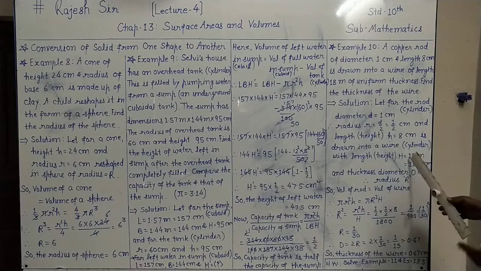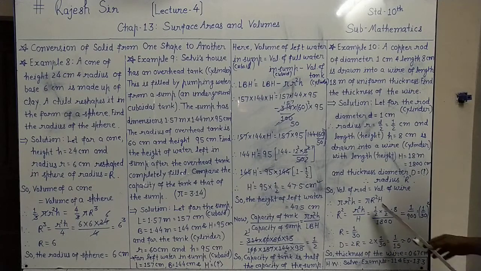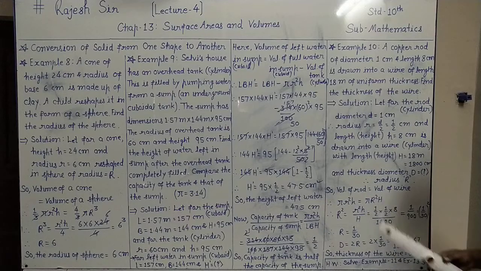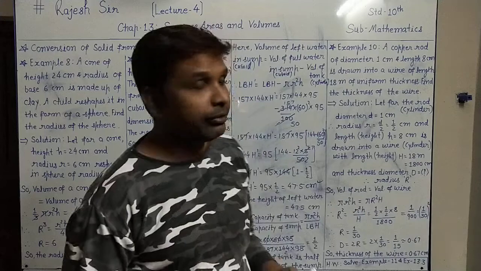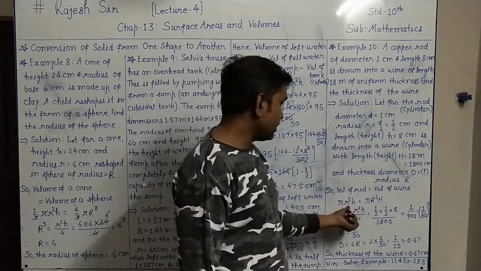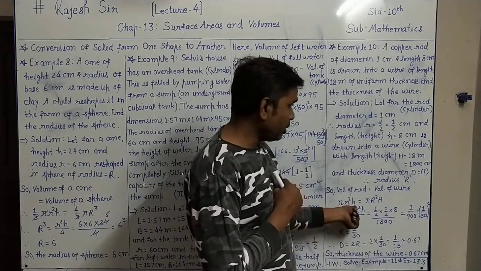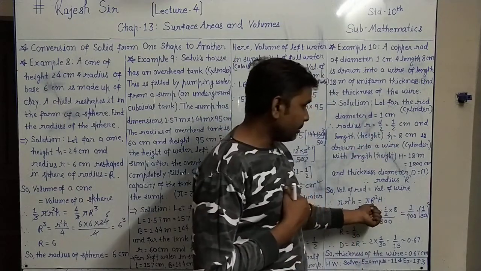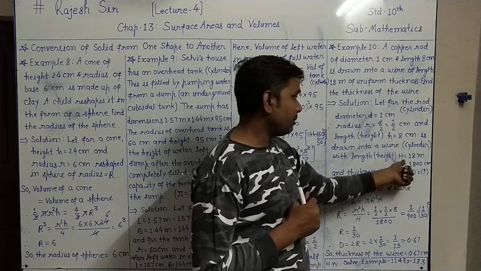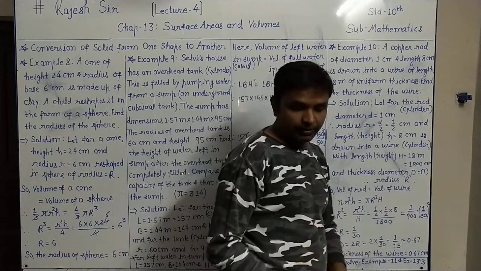Both sides' formulas are the same, but their radius and height are different. For the rod, the radius is small r and height is small h, and for the wire, radius is capital R and height is capital H.